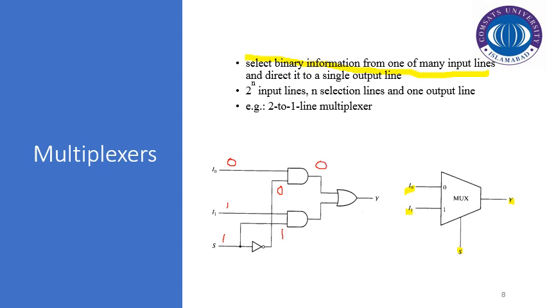From this AND gate, whatsoever the value of I1 is, that is forwarded. In our particular case, I1 is 1. I1 is forwarded, and this OR gate is going to select the I1 value from these two values. So Y is equal to I1, and in our particular case, I1 is 1. I hope the functionality is a bit clear with this explanation.